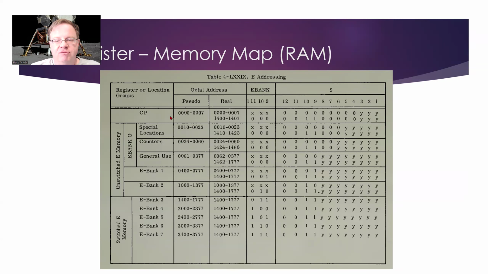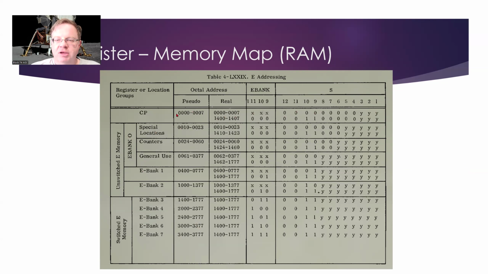If we look at RAM, it's fairly straightforward in the way the banks are organized. Here we've got the E-bank register, where we've got either XXX, which means we don't really care. These are some of the control pointers, which are the low 8 bits.